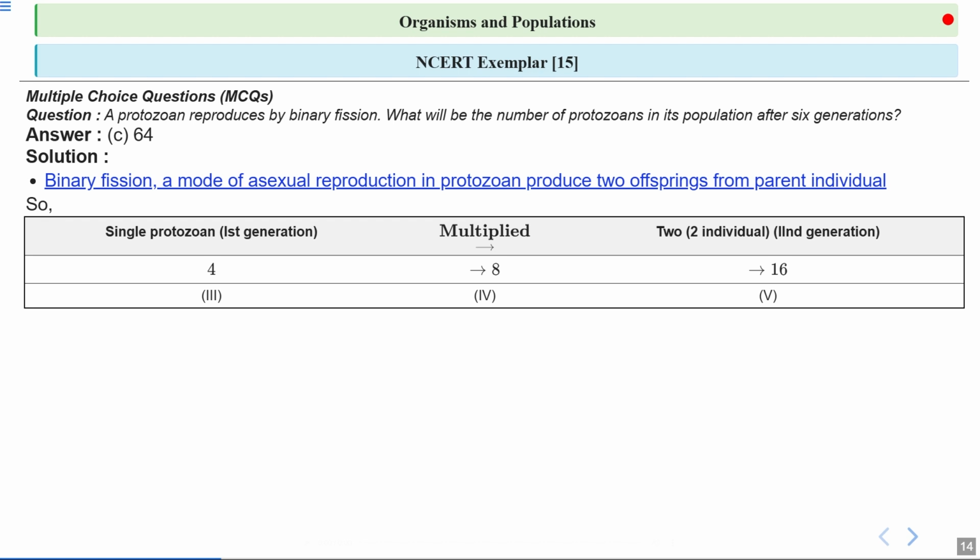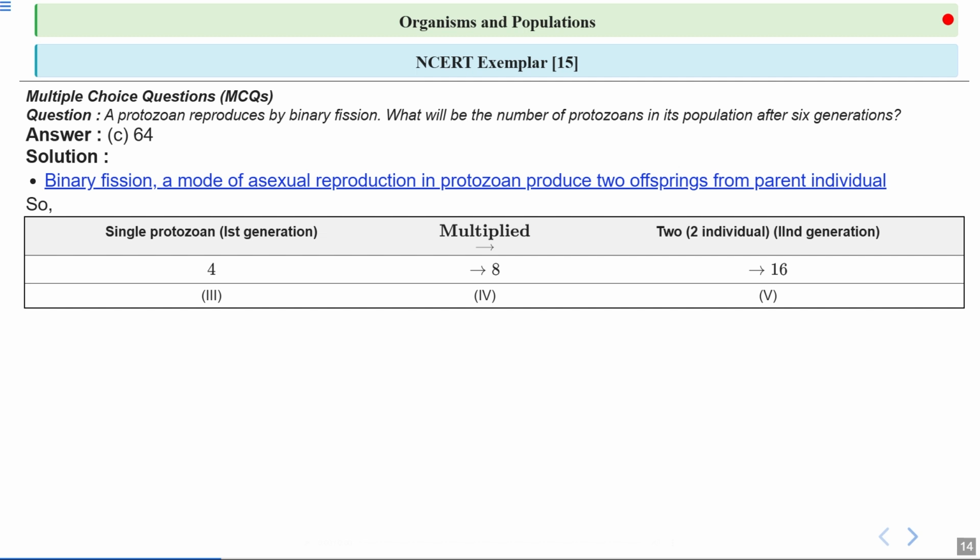Now this table demonstrates the rapid population growth of a protozoan through asexual reproduction, especially binary fission. So in this process, a single cell organism simply divides into two identical daughter cells, causing the population to double with each generation. Now this results in exponential growth where the population increases exponentially over time if conditions are favorable.